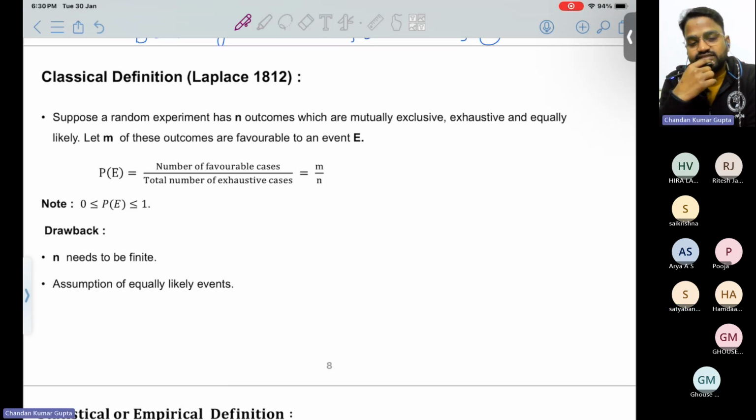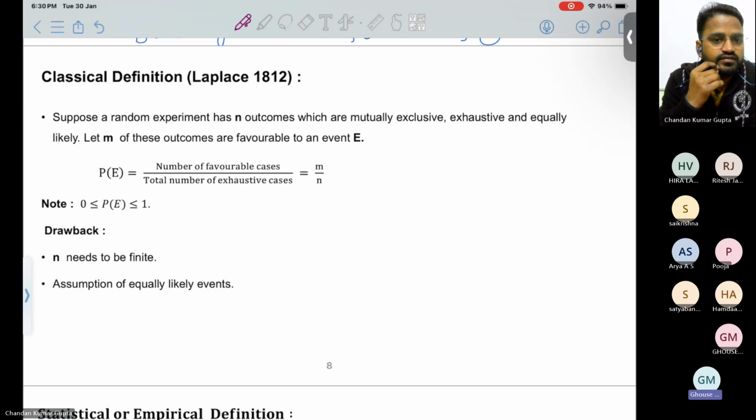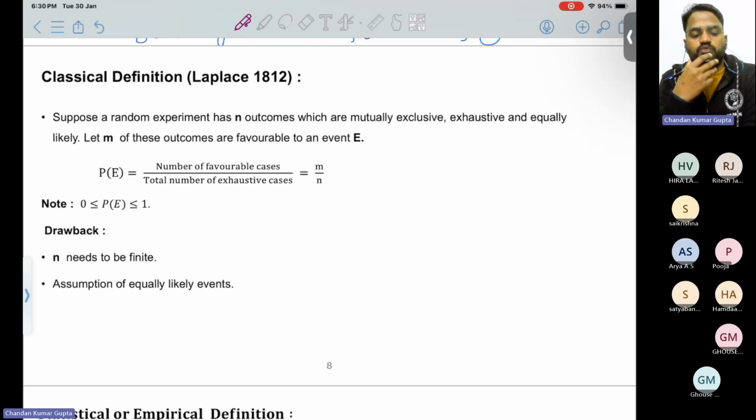Someone said empirical frequency is also a definition. Actually, there are exactly three definitions of probability till now. You may work on the fourth one.